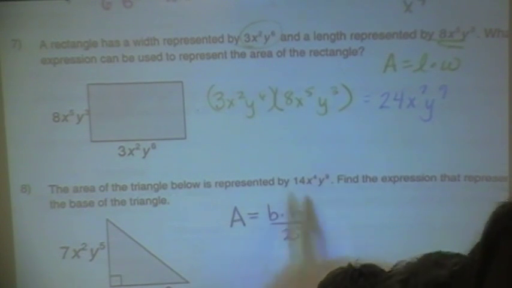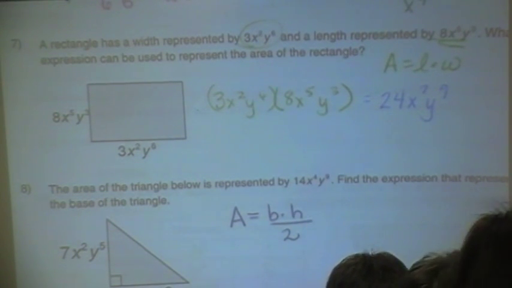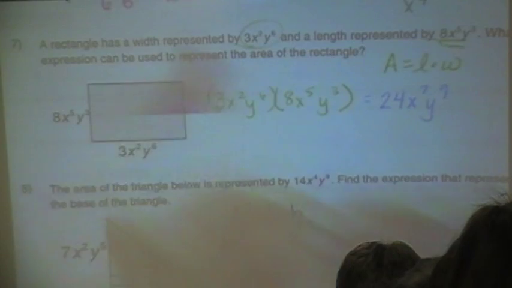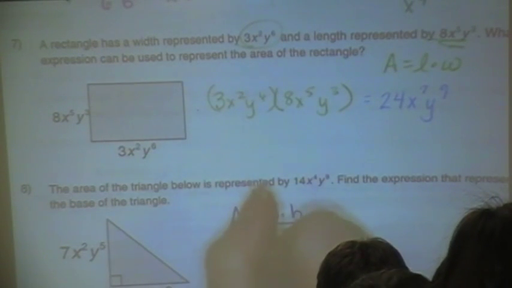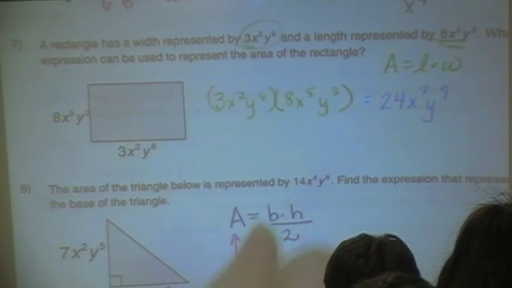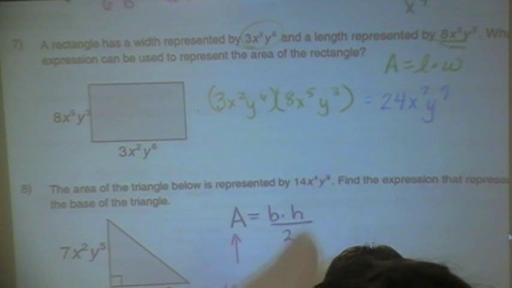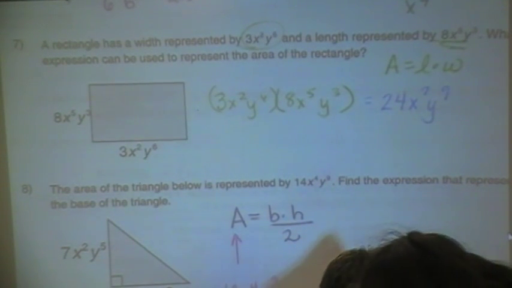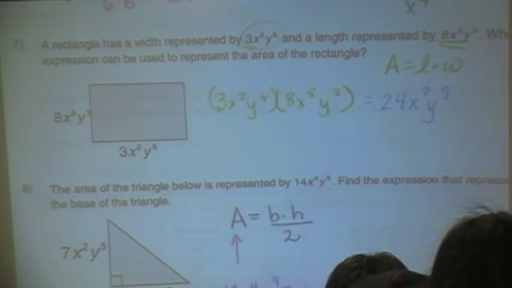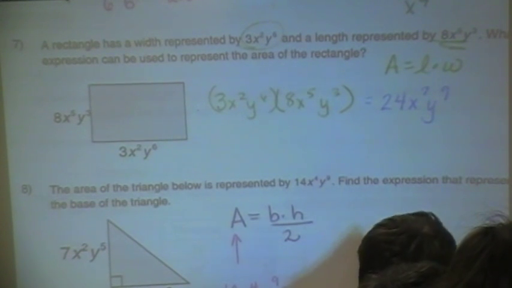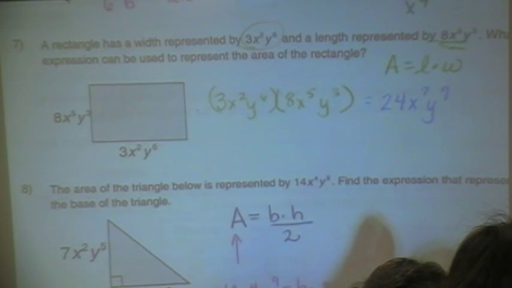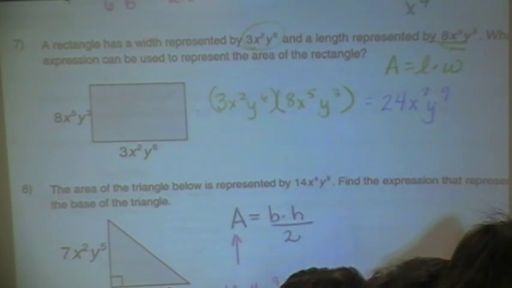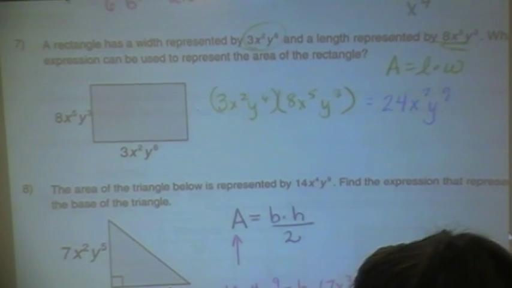They gave it to me. So 14x to the 4th, y to the 9th is the area. I do not know the base, so I'm going to leave it as a b. I do know the height, 7x squared y to the 5th, and that still has to be over 2.